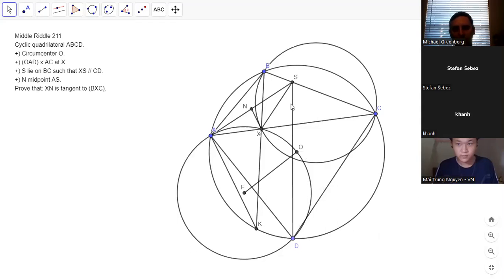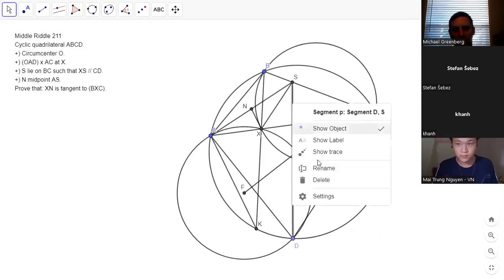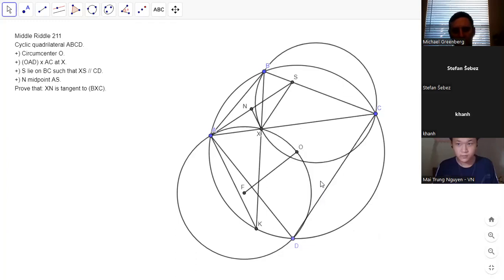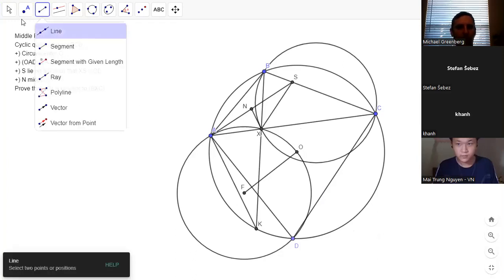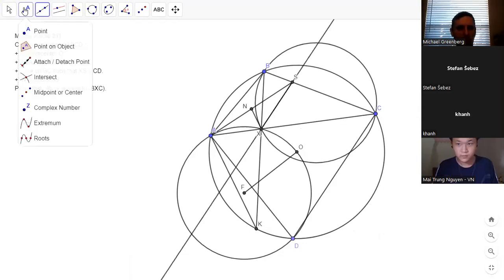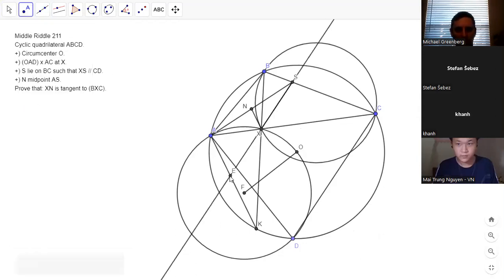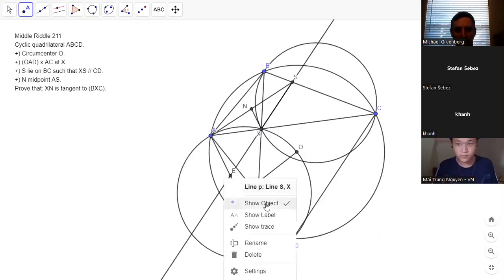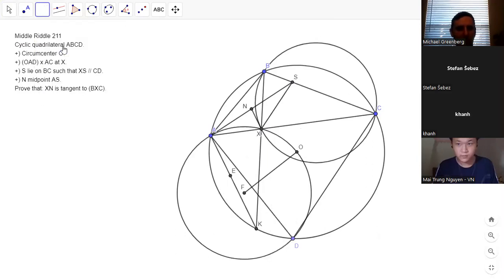So we need to prove that AK is parallel to NX. So I'm letting SX meet AK at a point. If we can prove that XE is equal to XS, then we will have NX is parallel to AK, right?